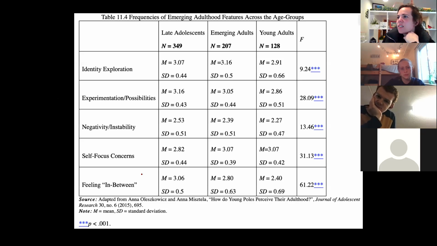Now let's look at this. Again, this is the frequency of emerging adulthood features across age groups. This is what it would look like if you get a printout from SPSS and how you'd make sense of it.